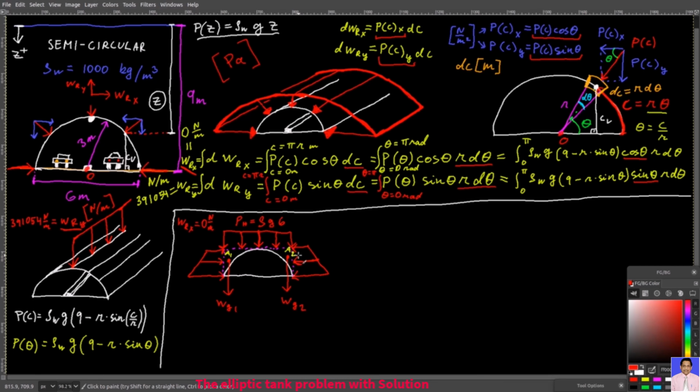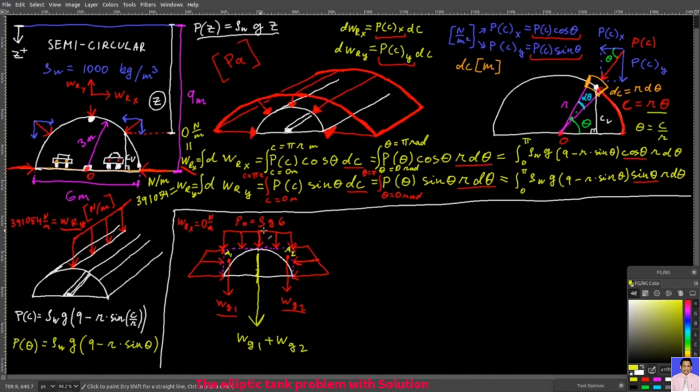Normally, we would have to calculate the locations of those center of gravities, but in this case, it's not necessary. Both center of gravities of these two pockets of water are at an equal distance from this vertical axis, and they are on opposite sides. So you know that if you add up WG1 and WG2, then this sum will act along this vertical axis.